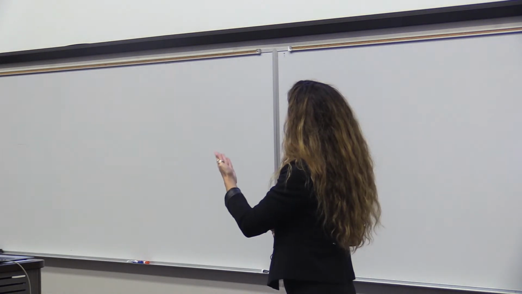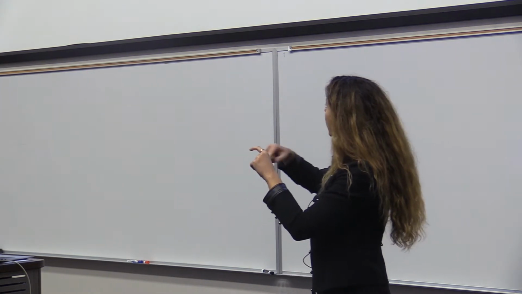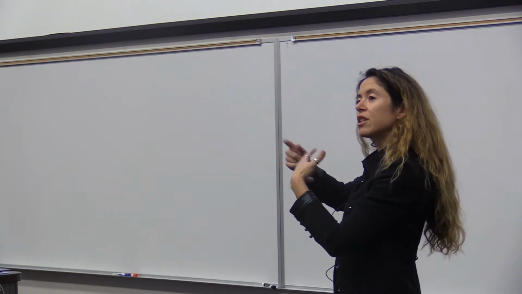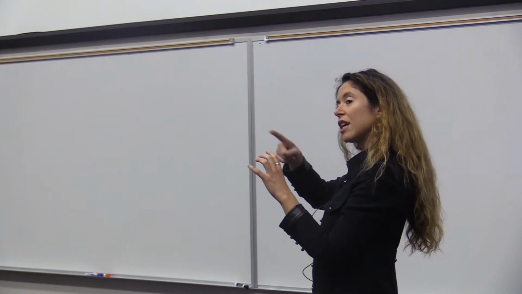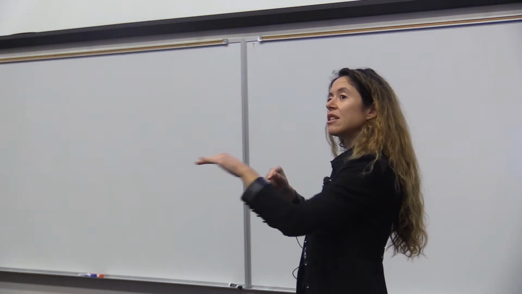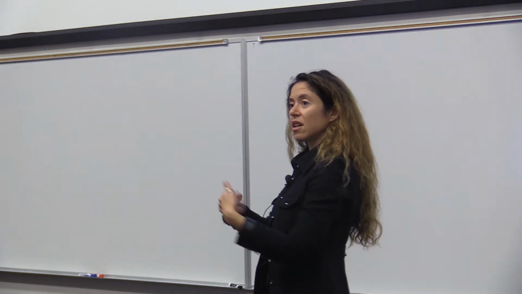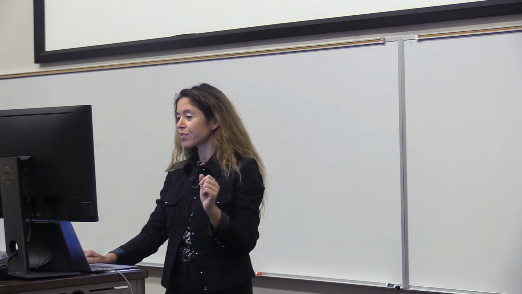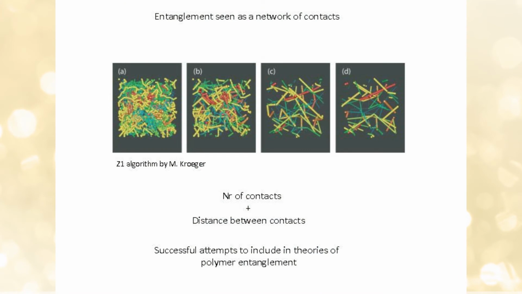By creating this tube, one can measure the width of the tube, let's say the radius, and see from that what the different critical times for the motion are: diffusion within that radius, and then the time it takes for it to reptate, to go out of this tube and find its way out of the entanglements. This simple idea has been very useful in describing polymer response.